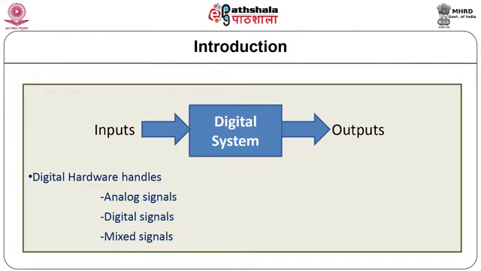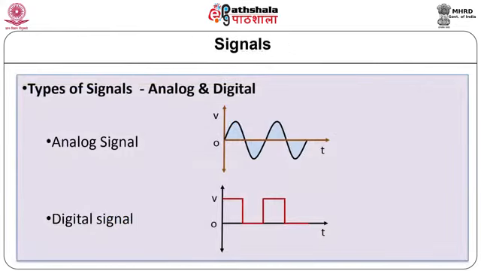Designing of a digital system involves designing of the hardware as well as implementing the required software. Hardware mainly looks into handling analog, digital or mixed signals. Modern technology offers many new features and aspects to digital systems.